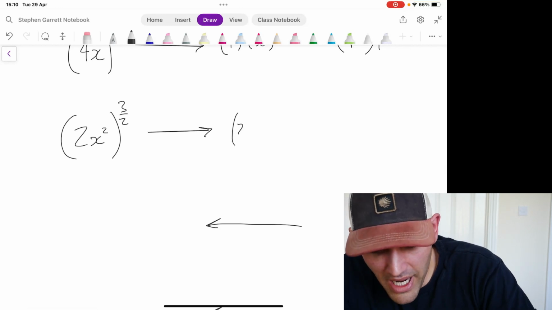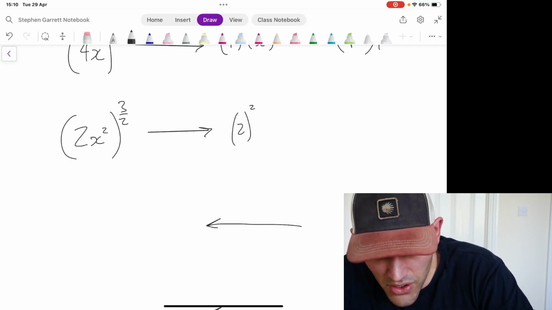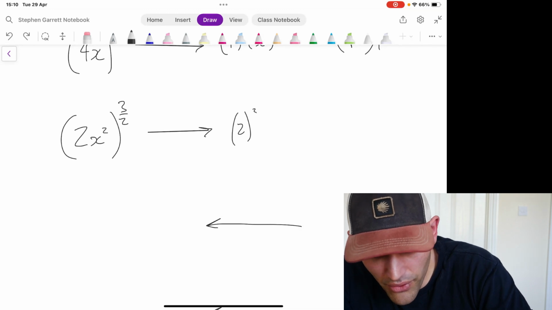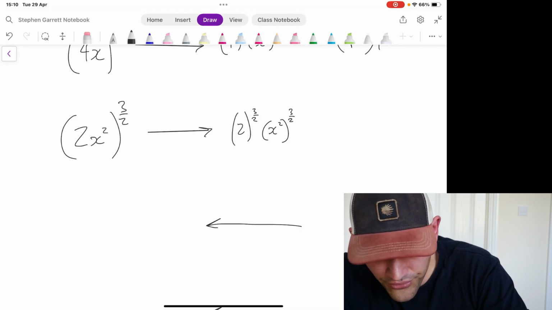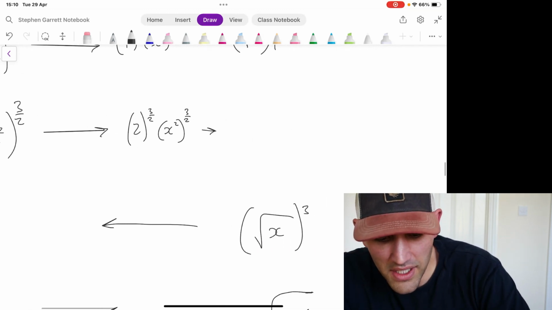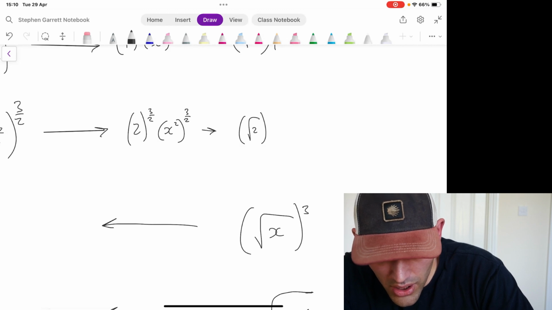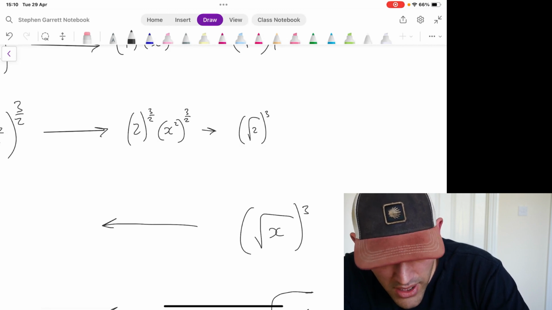Right. This one, same deal. We're going to apply the powers to each in turn. So that's 2 to the power of 3 over 2 multiplied by x squared to the power of 3 over 2. Let's work this first one out. That's going to be square root 2 raised to the power 3.